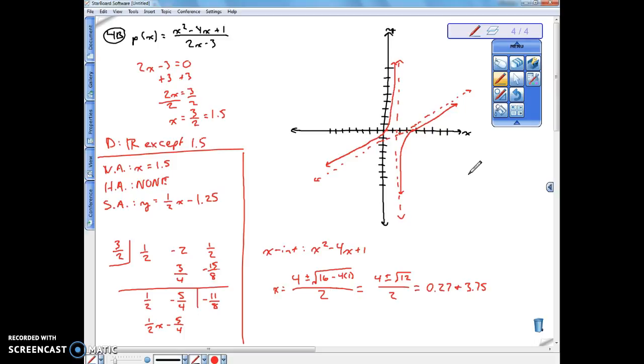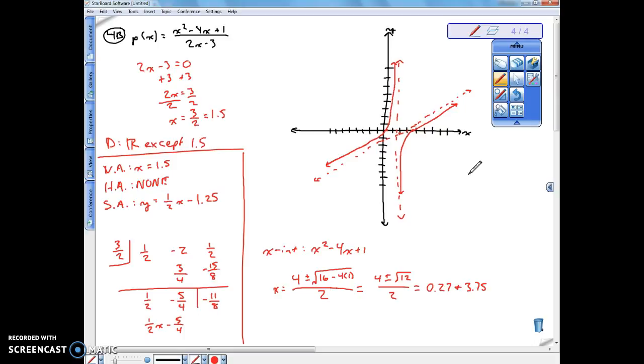Remember, vertical asymptotes are going to happen at the zeros of the denominator. Horizontal asymptotes, we have those rules that compare the degree of the numerator to the degree of the denominator. If the degree of the numerator is less than the degree of the denominator, there's going to be a horizontal asymptote of y equals 0. If the degrees are equal, there will be a horizontal asymptote at y equals the ratio of the leading coefficients.